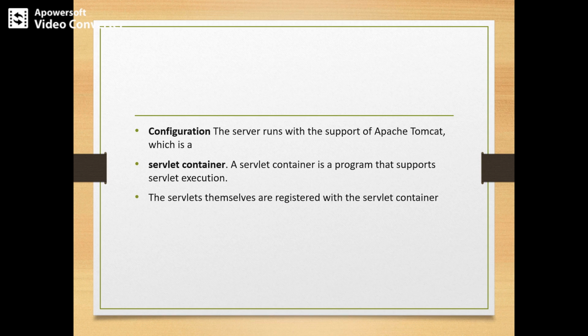This Tomcat server takes care of everything. The servlets themselves are registered with the servlet container. Whatever request is made by the user by a URL is converted to the specific servlet request in the servlet container.